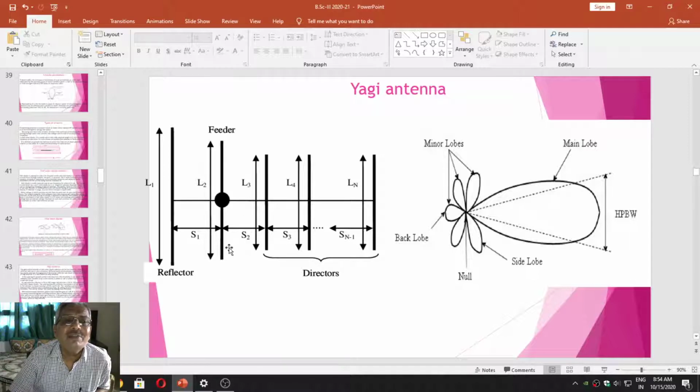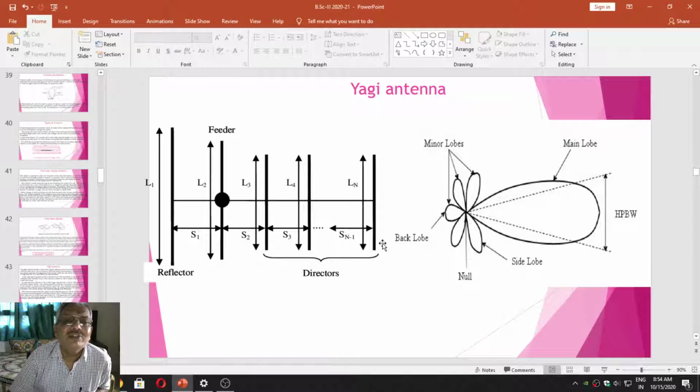Here the distance between the dipole and the director, and also between director and director, is 0.10 times lambda to 0.15 times lambda. Whereas the length of that particular director is 5% to 15% less than the length of the dipole.